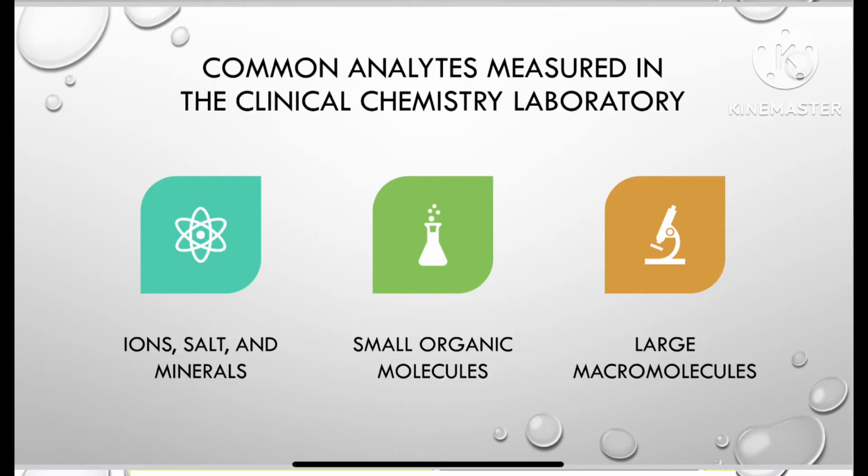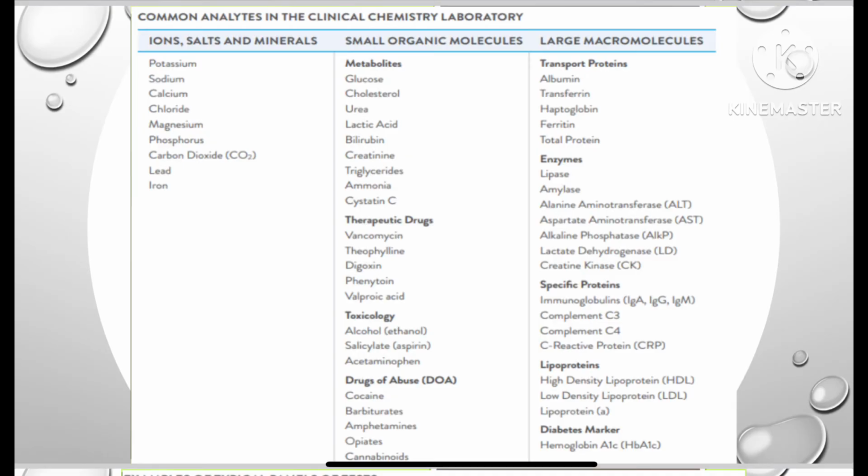Carbohydrates, nucleic acid, proteins, and lipids. Make sure you write those examples down in your notes because that will, of course, go out in my examinations. The next two slides are the common analytes in the clinical chemistry laboratory with the different examples for the analytes that we measure in the lab.